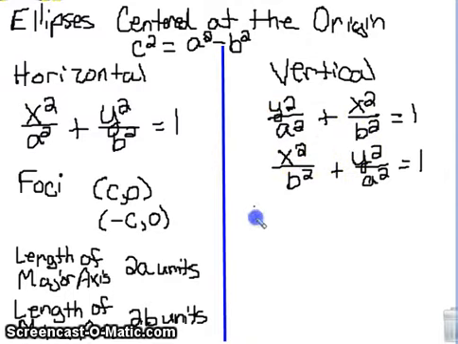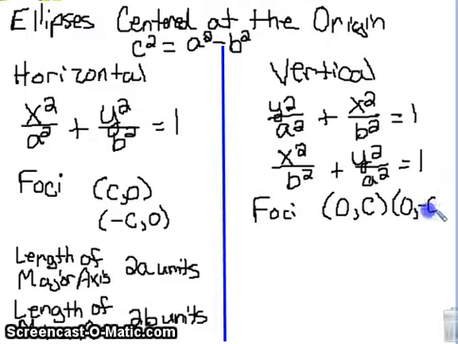Your foci in the vertical are going to be what? (0, c) and (0, negative c). Good.